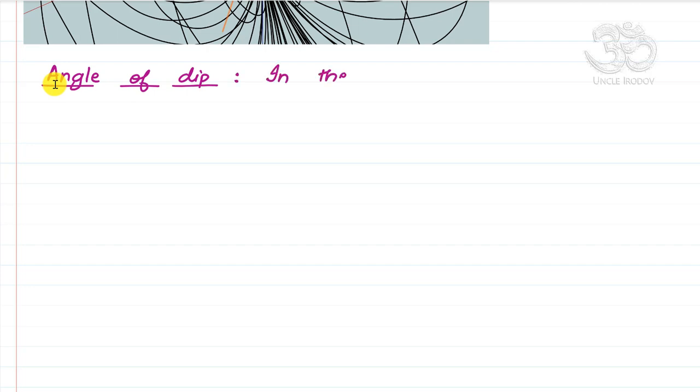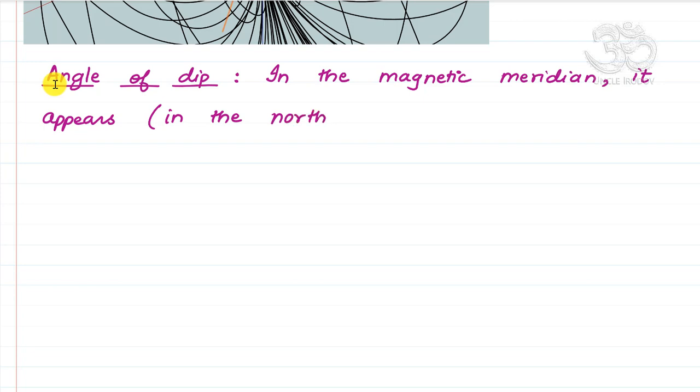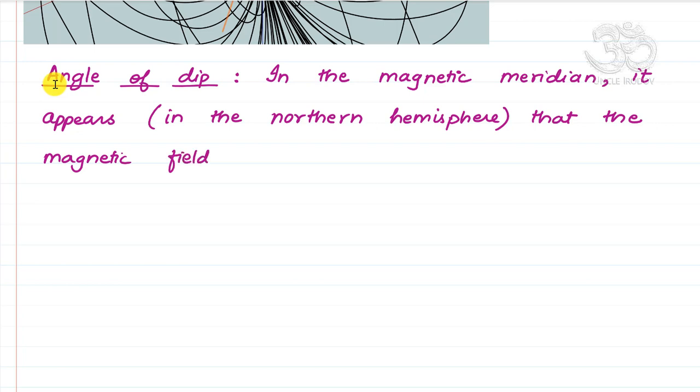In the magnetic meridian, it appears in the northern hemisphere that the magnetic field dips below the horizontal.